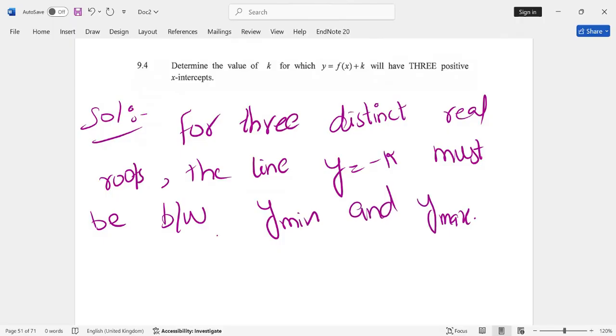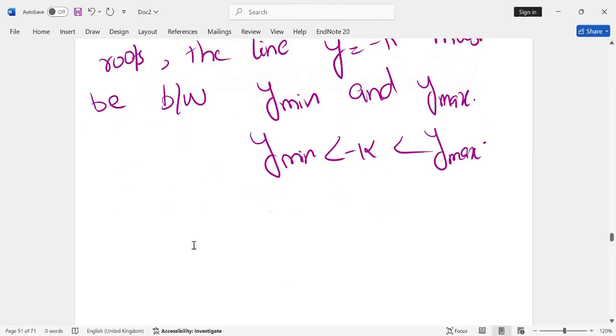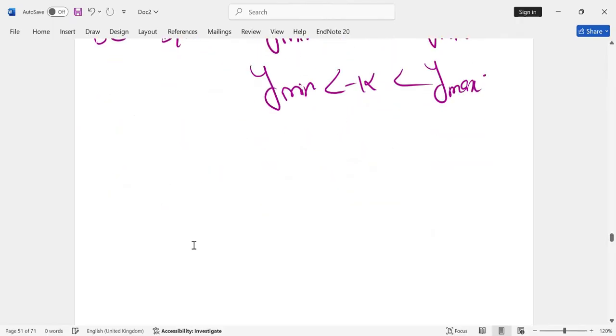So we say that y minimum is less than minus k, which is less than y maximum. So this is what we say, that 8 is less than minus k, which is less than 9.